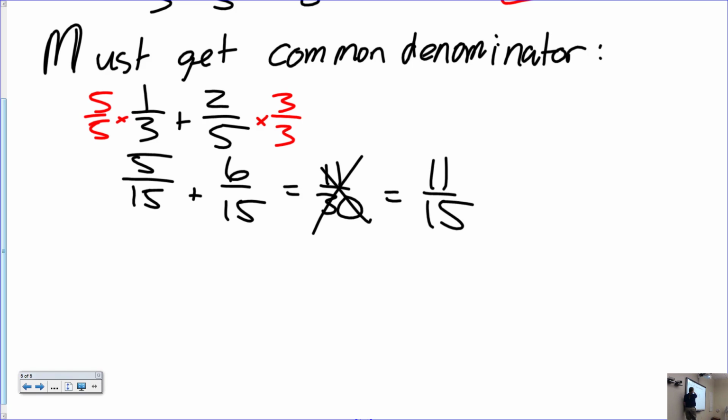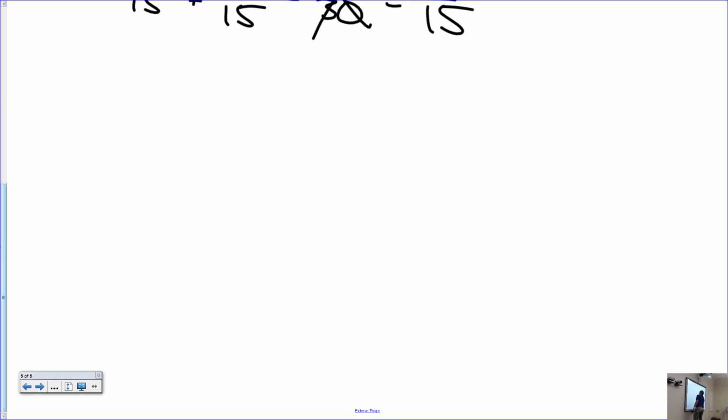You can always, to get a common denominator, take the other fraction's denominator and multiply it by the earlier one. It always works. Okay? Now, it may not give you the least common denominator, but it will always give you a common denominator, and that's enough.